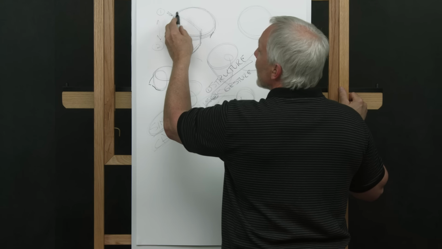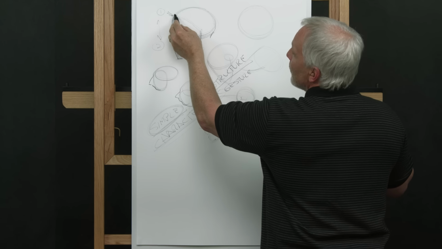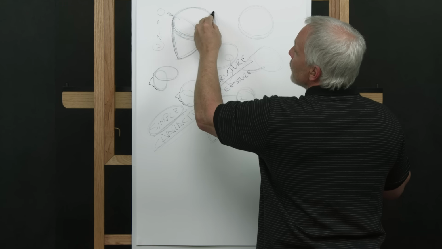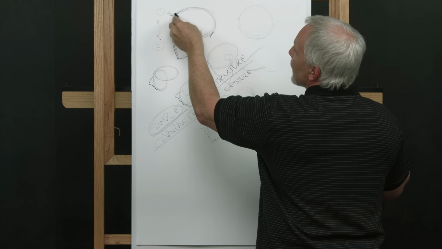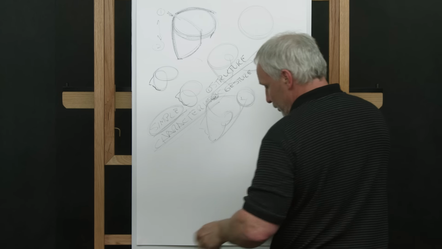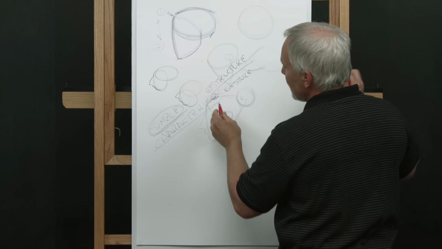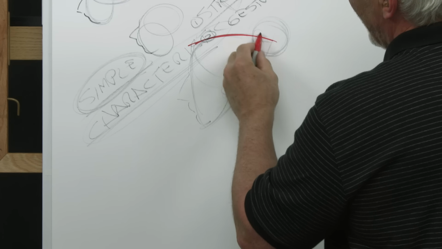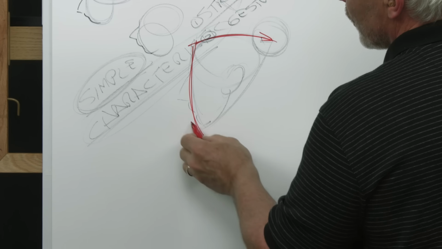The gesture, there's actually two gestures to the head. There's the gesture of the skull going back this way. Let me switch colors so you can see that. Gesture of the skull going back, and the gesture of the face going down.